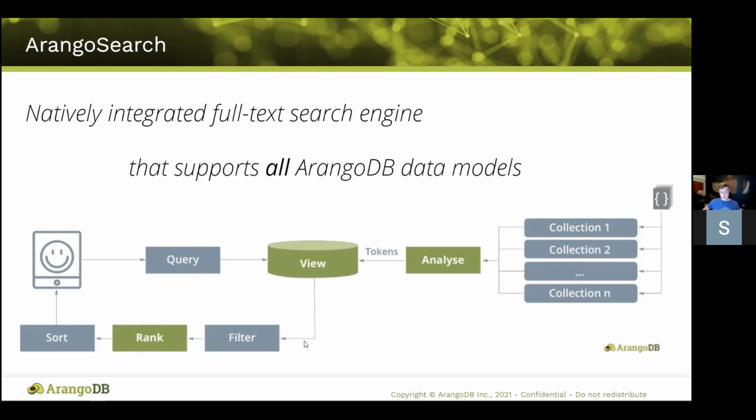And just like in a normal AQL query, you can run your normal filters and filter out results, but then you can also get ranked results. We support BM25 and TF-IDF ranking, and this allows you to do sorting and things like that based on the actual relevance of the results, rather than just getting pure filtered results.